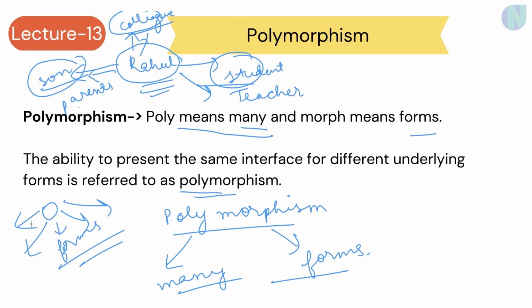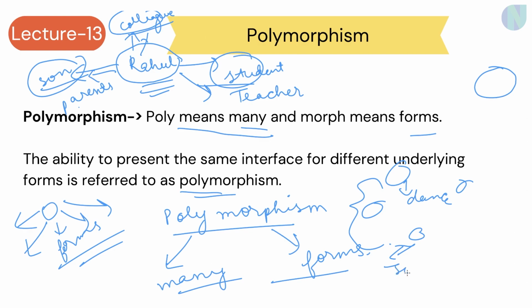In polymorphism, what we say is, the same object has different behavior. So there is one object, a second object, a third object, a fourth object. Consider that this object knows dancing, this object knows singing, this object knows poetry, this object knows drawing.